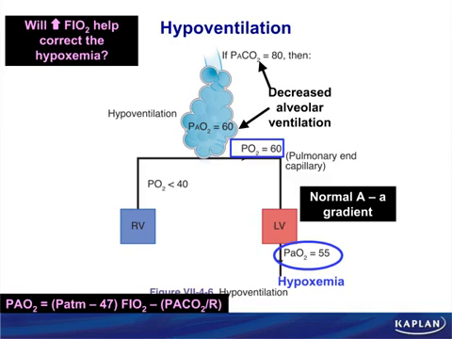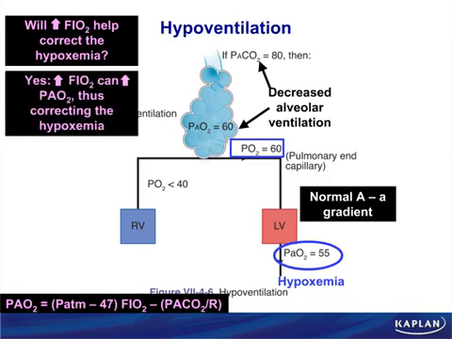All right. Will increasing FiO2 help correct the hypoxemia? Yes. Because if I increase FiO2, that increases the amount I have in the warehouse, and that's my problem. So increasing FiO2 will in fact correct the hypoxemia.